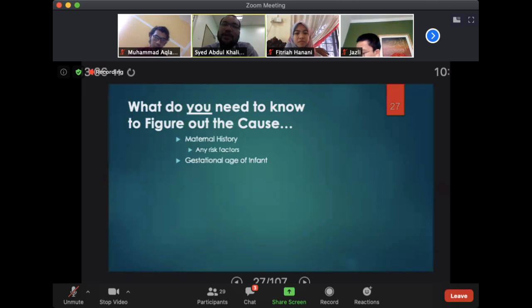Also meconium aspiration. A mother with meconium-stained amniotic fluid is at risk for meconium aspiration syndrome, MAS. That is one. Second, meconium is toxic to your surfactant. Meconium inactivates the surfactant.